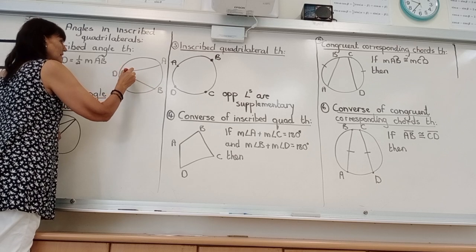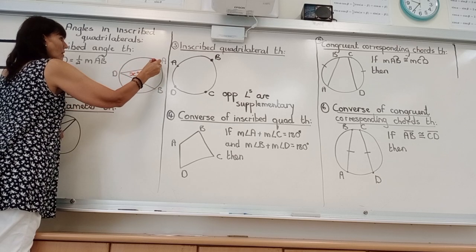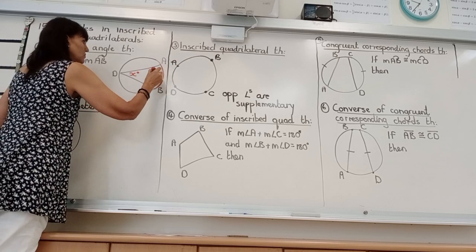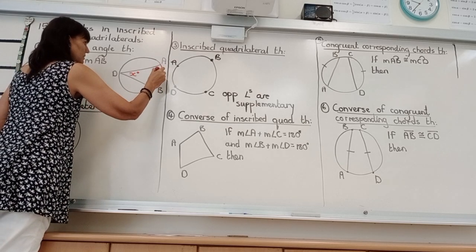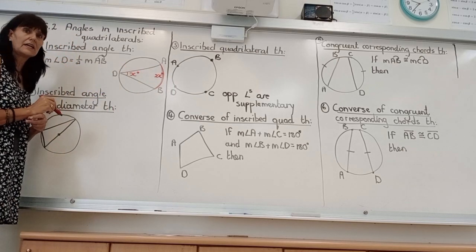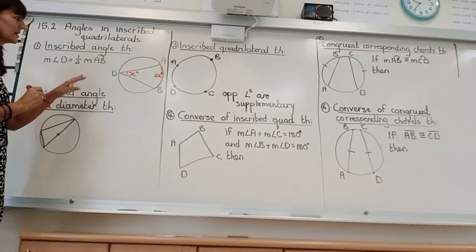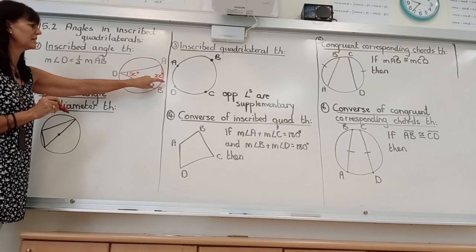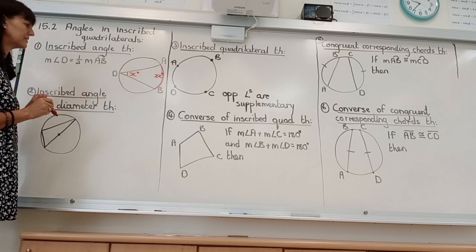So if my arc is 2x degrees, half of 2x will give me this angle, x degrees. If the arc is 100, this angle will be 50. If it is 120, this one will be 60.